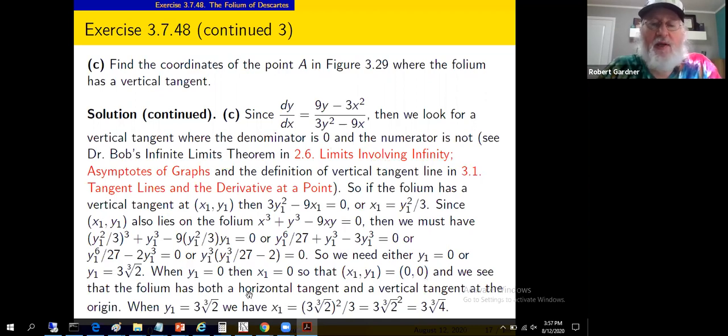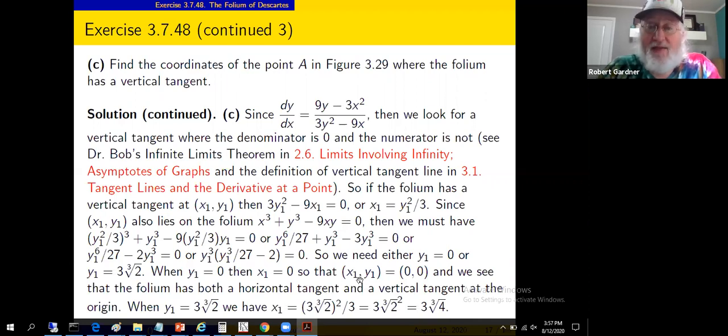So we see that when y1 equals the cube root of 54, we have x1 equals this value here. That's the point we're interested in. At the origin, we have both a horizontal and a vertical tangent line. We commented about that at some point earlier.